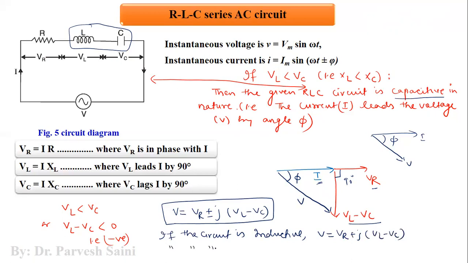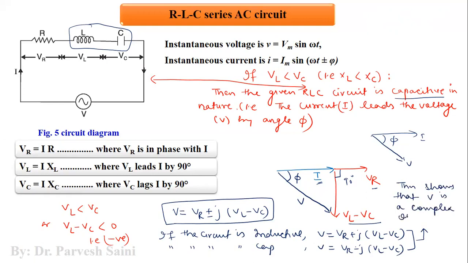If the circuit is capacitive, V is equal to VR minus j(VL minus VC). So that shows that V is a complex quantity. So let us do its analysis.